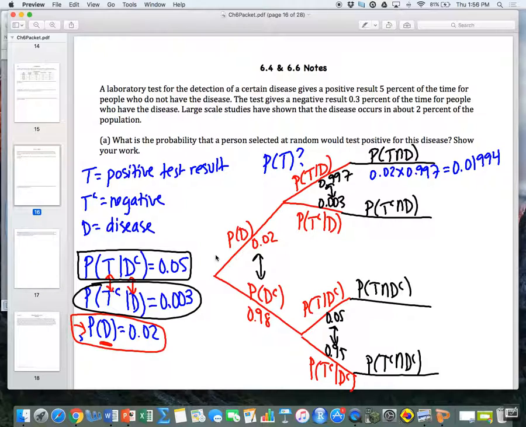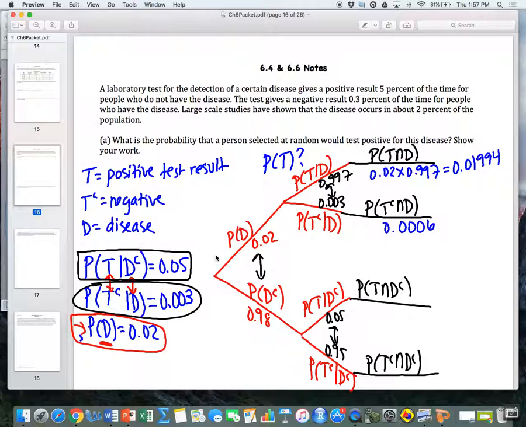Okay, and then 0.02 times 0.03. 6 times 10 to the negative 4, so 0.0006. You need to review your scientific notation. You said 6.0006. No, I said 0.0006.